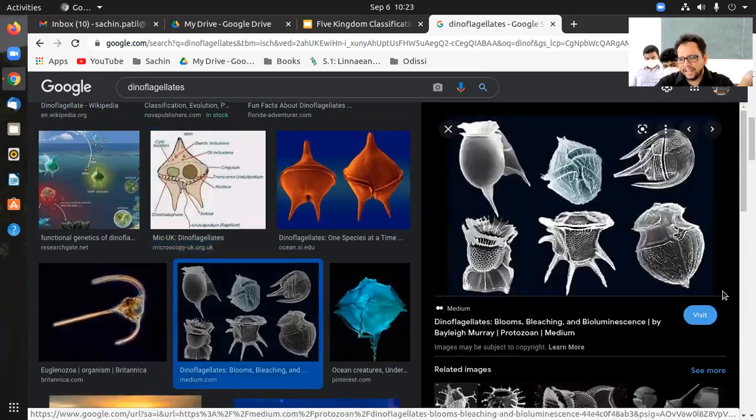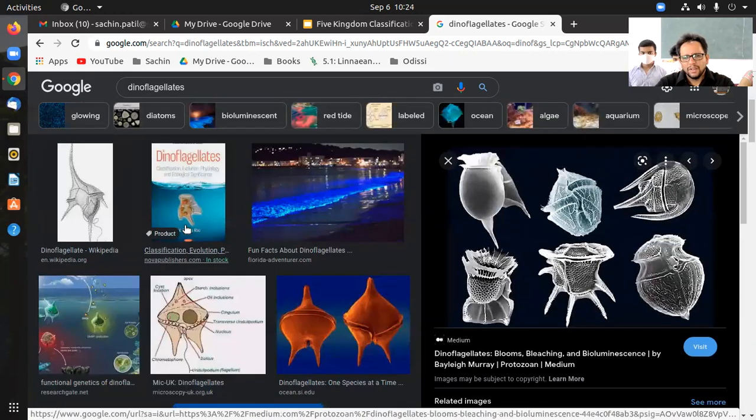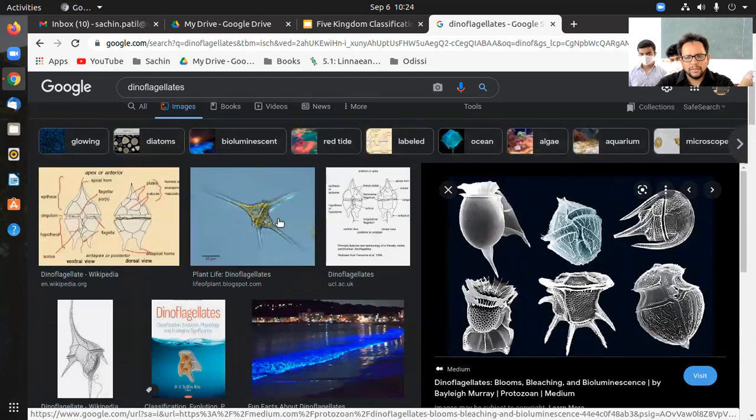And these are kind of high resolution pictures of these dinoflagellates under a microscope. Not necessarily an electron microscope. You can also have these pictures in a regular confocal microscope, we call it, which is a compound microscope.